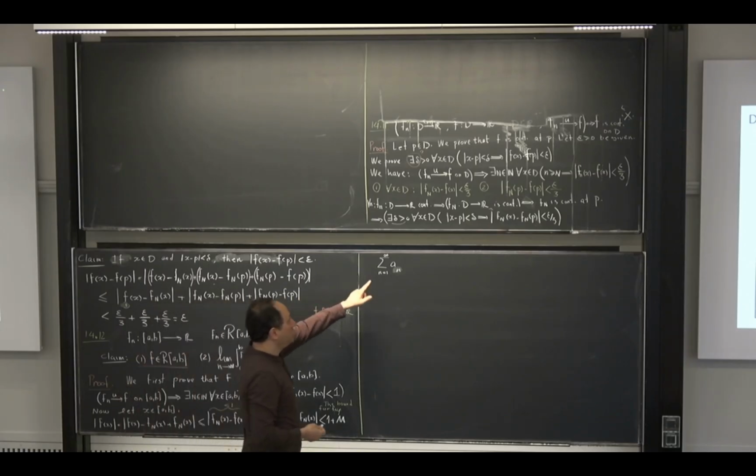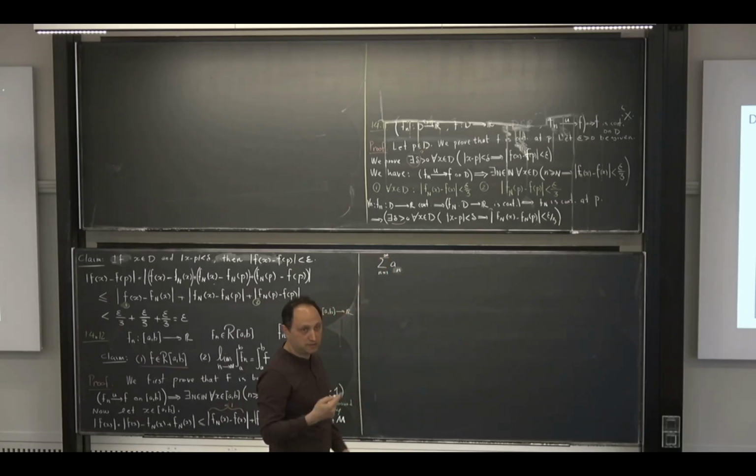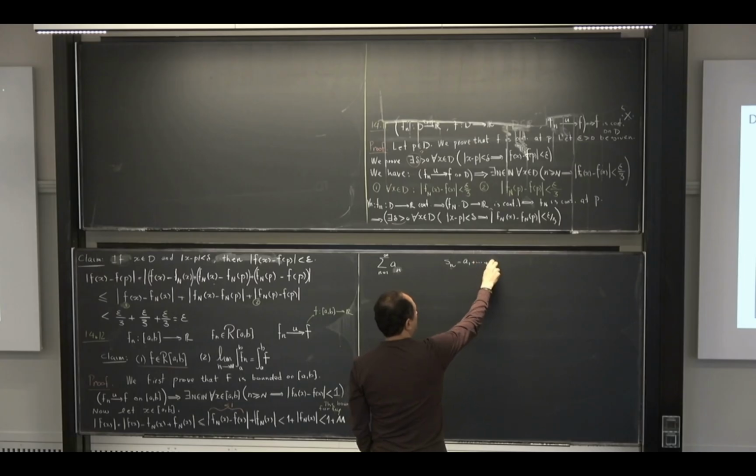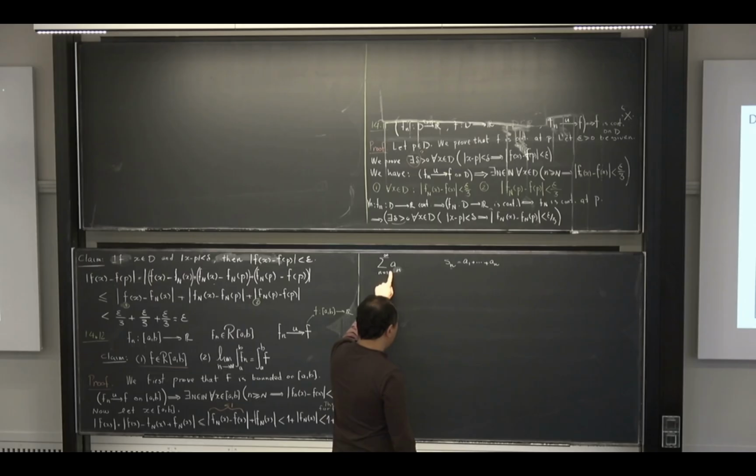From every series, you first set up a sequence, which was called the sequence of partial sums. So you set up a sequence S_n, defined to be the sum of the first n terms. So using this series, you set up a new sequence.